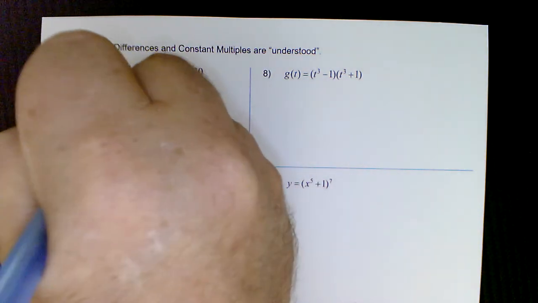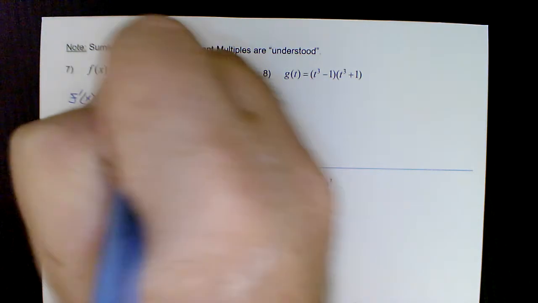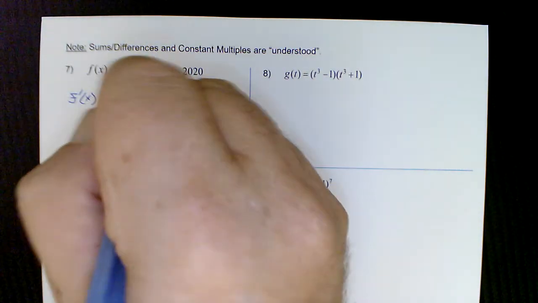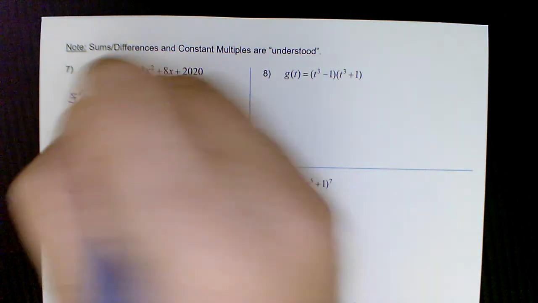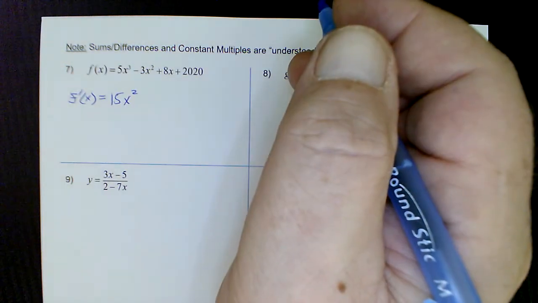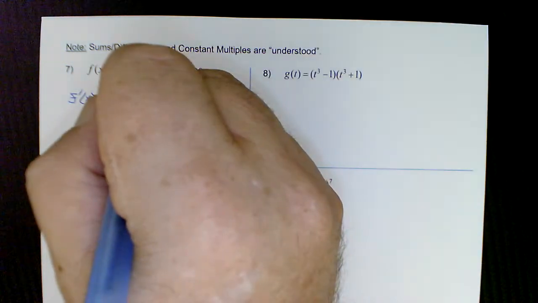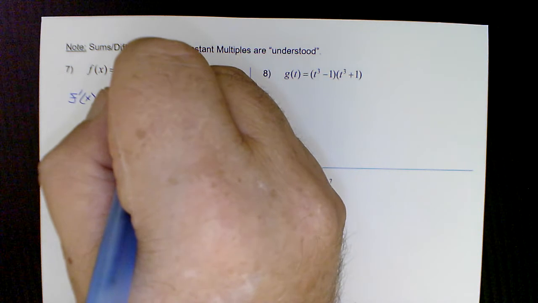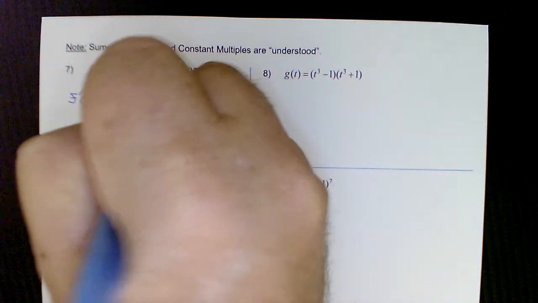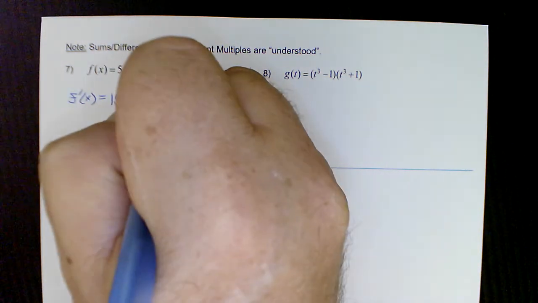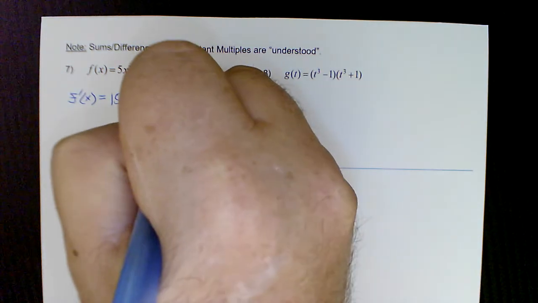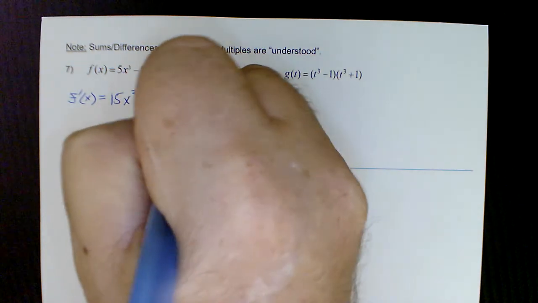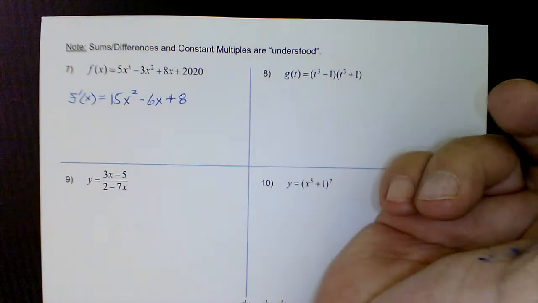So you get 15 x power 1 less, 2. Go to the next term, that's your sum and difference rule. You can differentiate term by term. Constant multiple rule, we just used it. Constant multiples tag along in the differentiation process. So minus 3x squared, swing down the 2 times negative 3, negative 6, x power 1 less 1, no need to write it. Maybe by our special rule, the linear term, derivative of 8x is 8, and then the derivative of the constant, of course, is 0.